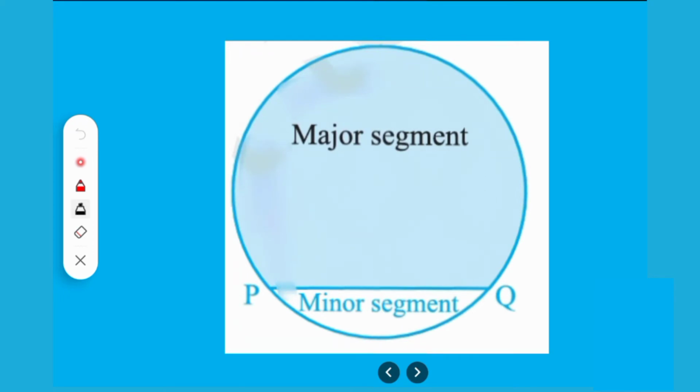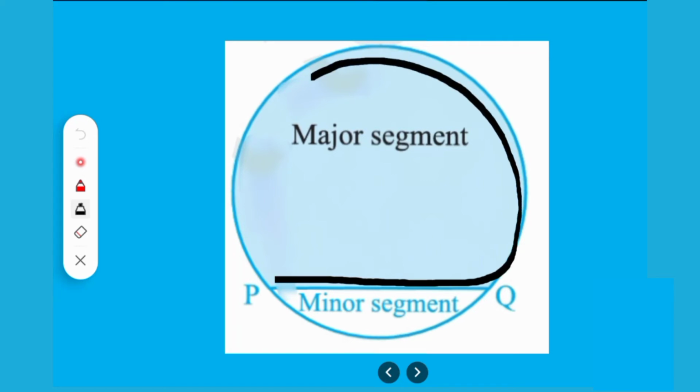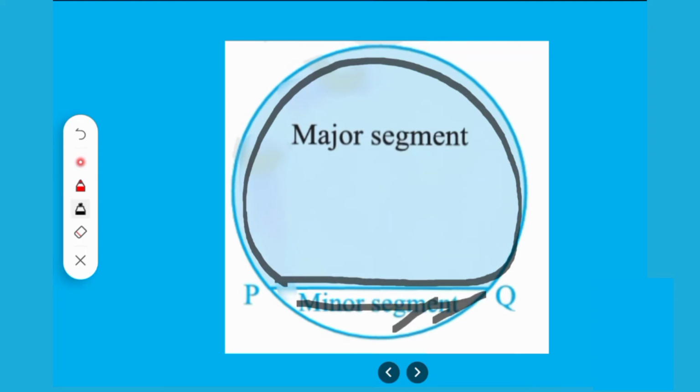If we divide it into two parts, the one part is called the major segment, that area, and suppose we take the next part, that shaded area, that is called the minor segment.